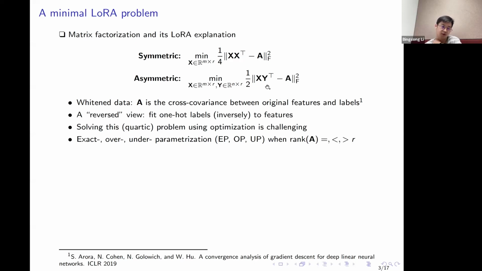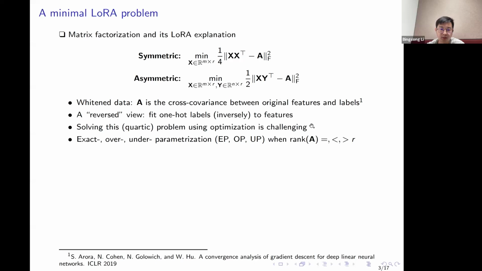I think most of you already know that optimization really struggles when dealing with saddle points. And in this matrix factorization problem, x equals 0 and y equals 0 is a saddle point, right? It actually has a lot of saddle points. That's why optimization really struggles when solving this problem.